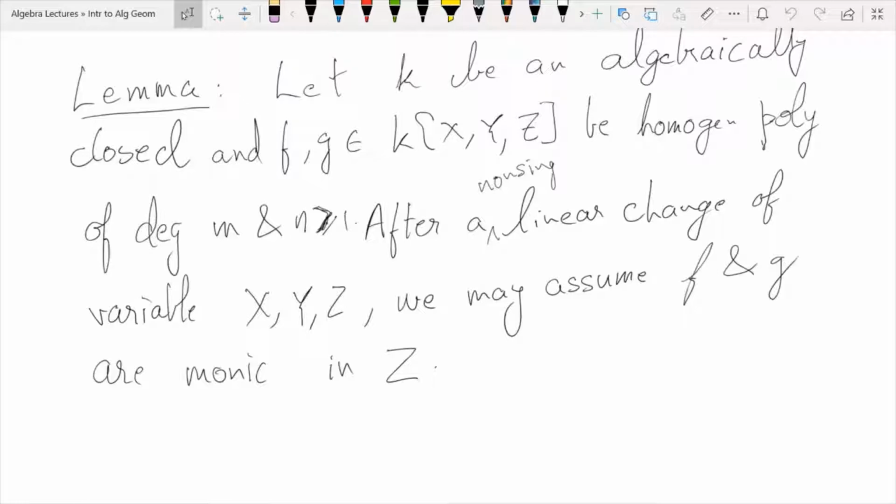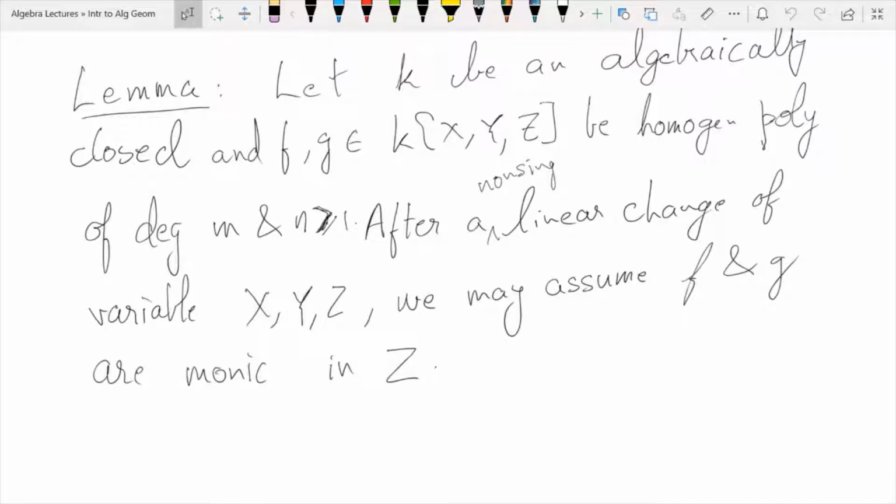Then if you make that linear change of variables, in the new coordinate system f and g will be monic in the new z.